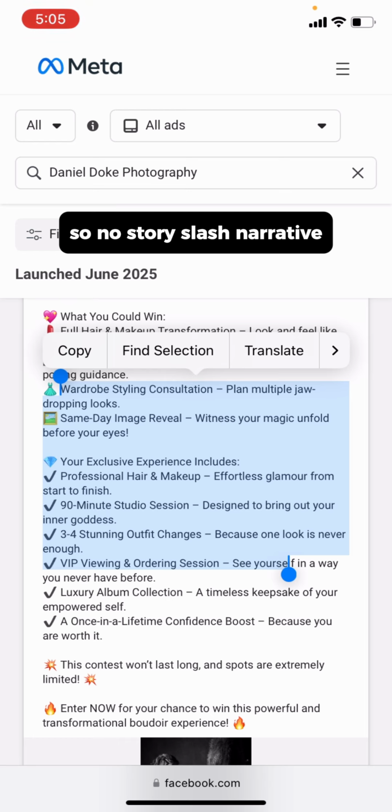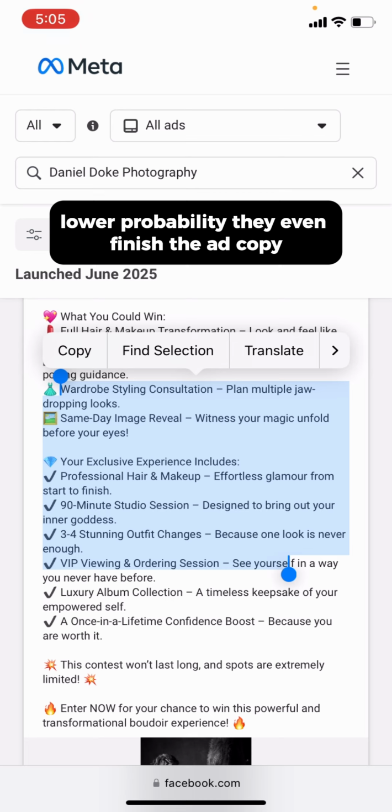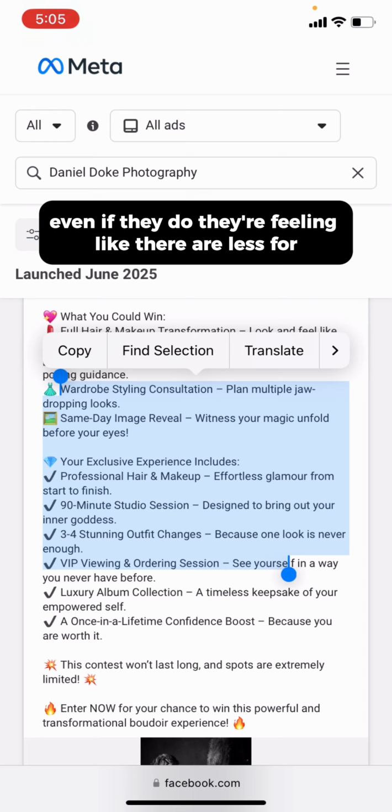So with no story/narrative, there's a lower probability that women reading through even finish the ad copy. Even if they do, they feel it's less for them, not as specifically for them in their situation.